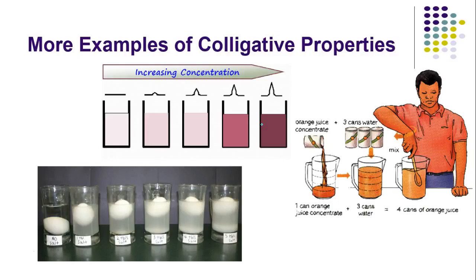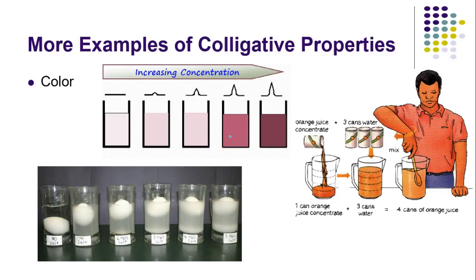Okay, some more examples of colligative properties. So some that we're not going to get into too much detail, but the first one is color. Remember that a colligative property depends on how much of the solute particle you have in there. So if I'm adding, let's say, purple grape Kool-Aid powder, and I keep adding more and more and more, the color is going to be darker.